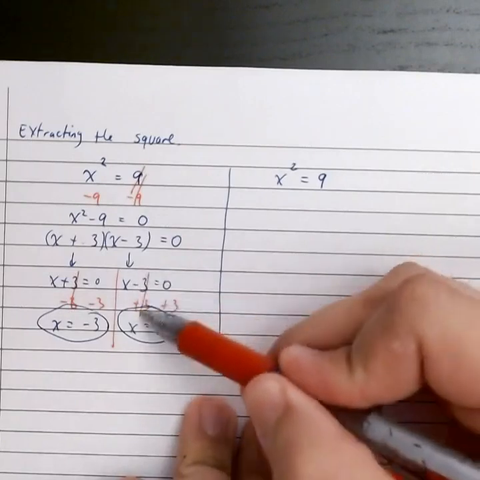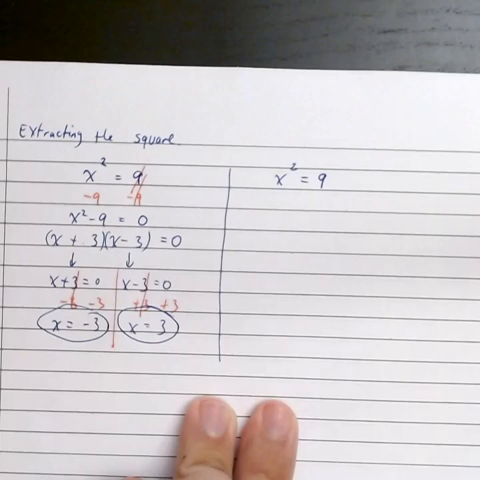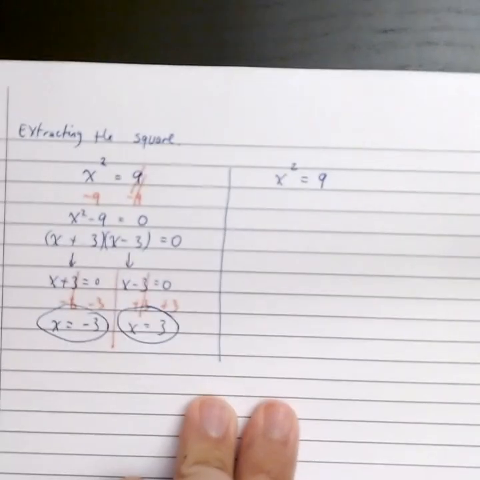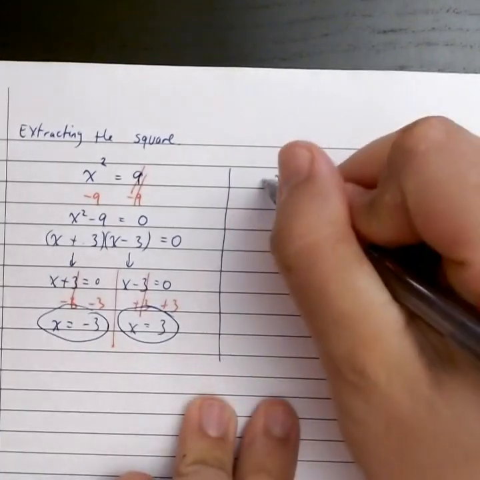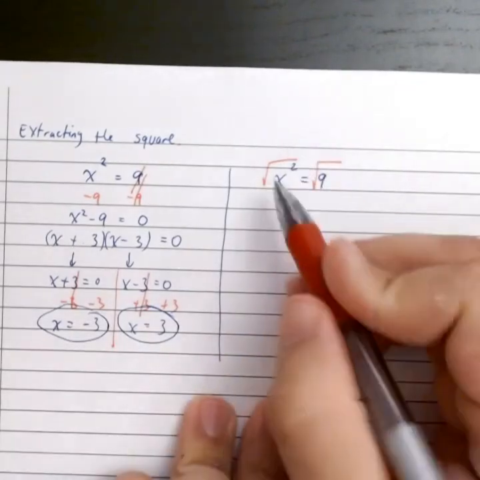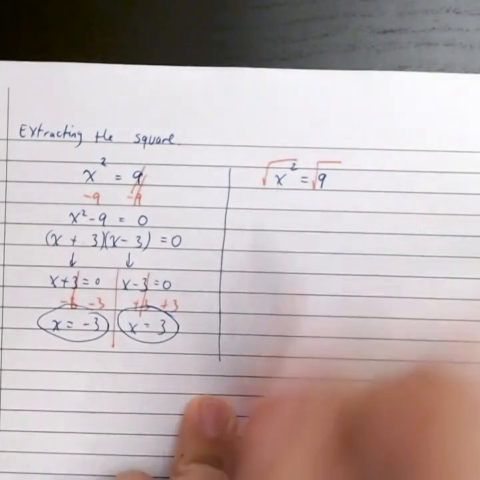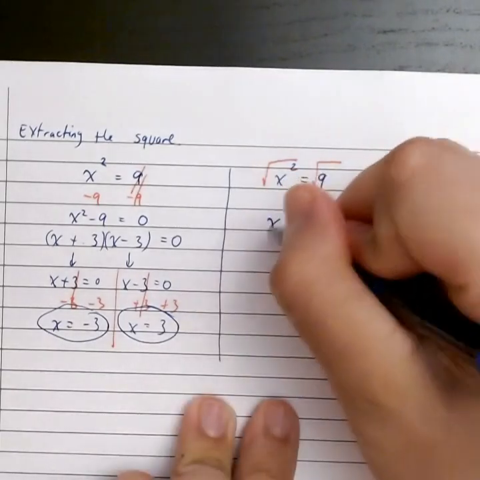To get rid of subtraction, I use addition. So over here, I have a square that I want to get rid of. So let me go ahead and take the square root, the opposite of the square. This gives me the square root of x squared. Those just go away and leaves me just an x all by itself.